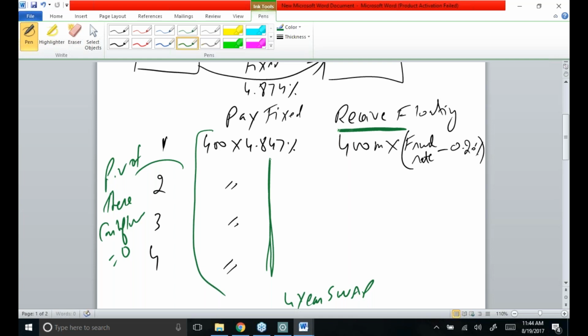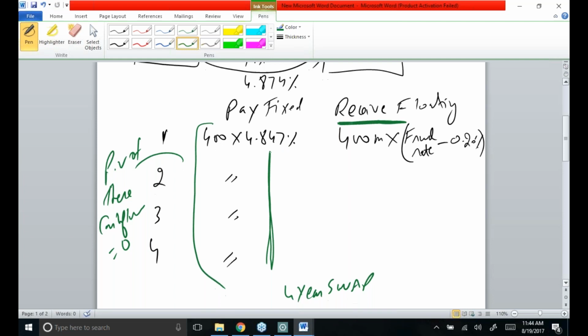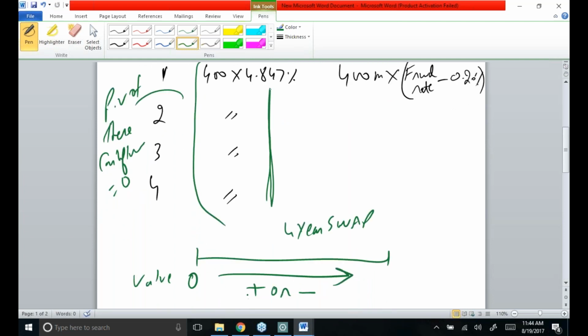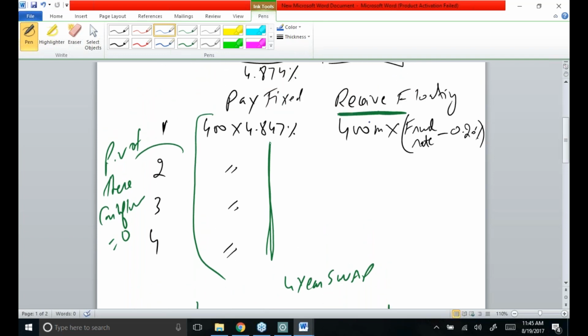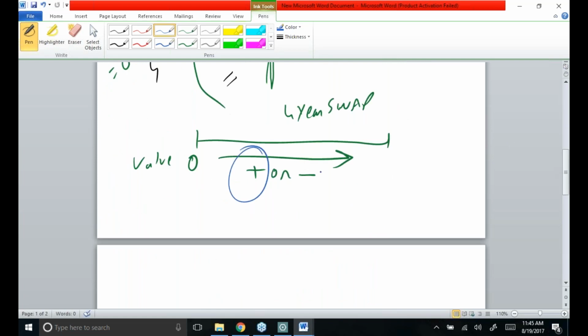And if you receive a higher amount compared to your payment, the swap contract will definitely be positive for you. And if the floating interest rate goes down, that means you will receive less and you will pay more. In that case, your swap contract will have a negative value. So that's how the swap value changes over time.